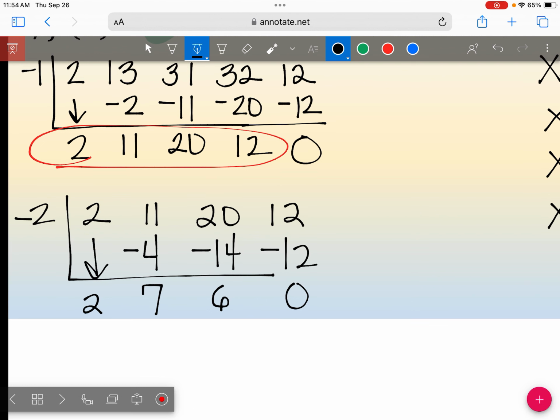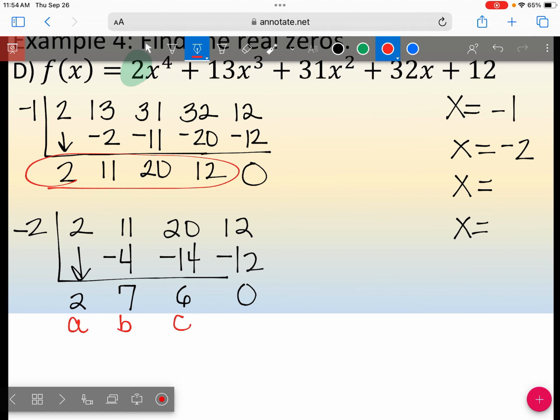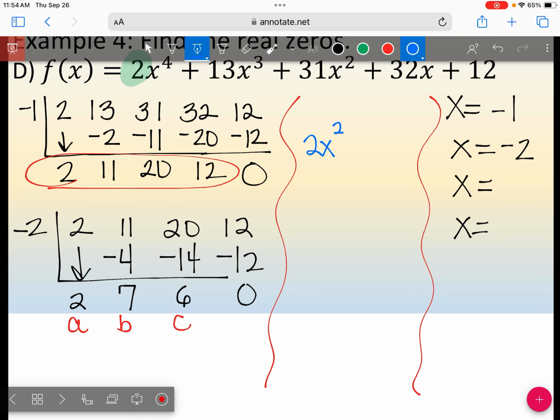To find the last 2, remember that when you get down to 3, this is A, B, and C. So we have to factor to find my last 2 solutions. So go ahead and factor 2x squared plus 7x plus 6. You take A times C, 12.